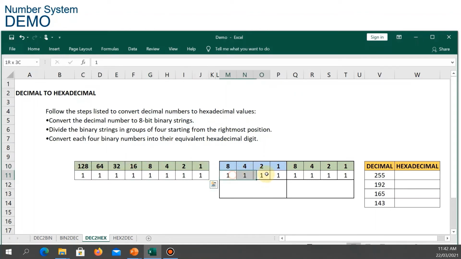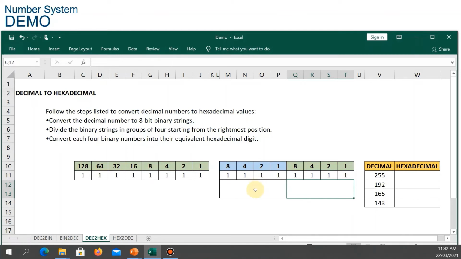On the first group, we need to place the positional values 8421 for every 4 bits. So 8421 for the first group, and another 8421 for the next group. Afterwards, we convert each of the 4-bit binary numbers to the equivalent hexadecimal digit. 1111 is equal to 15 in decimal.